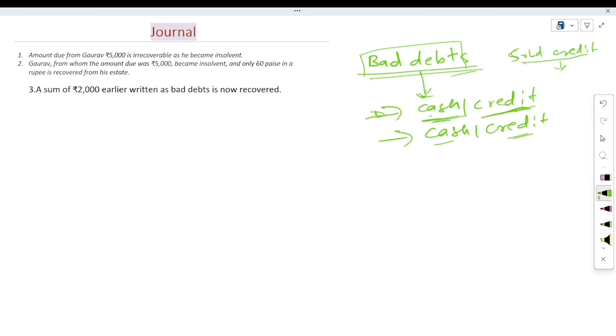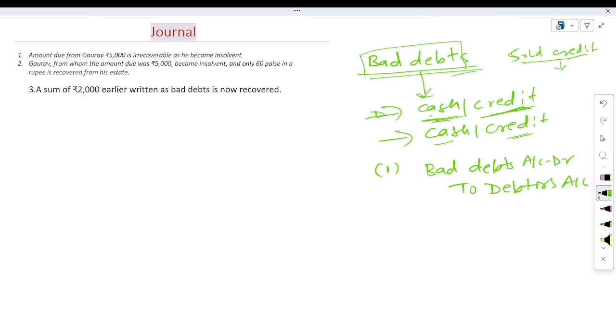The journal entry we will use at the time of bad debts will be bad debts account debit to debtors account, because from the debtor you will not be able to collect the amount. It means your asset will be decreased, so debtors account will be credit.